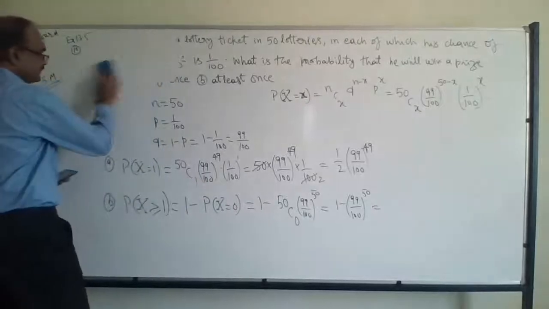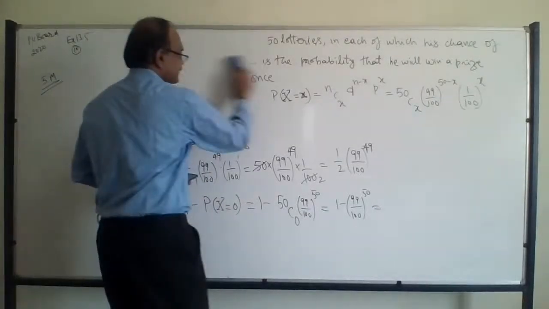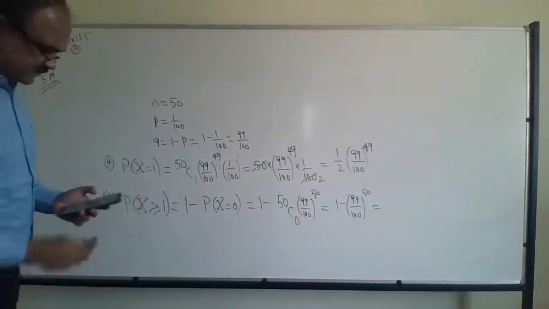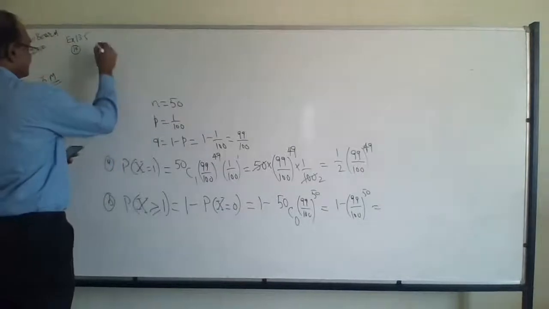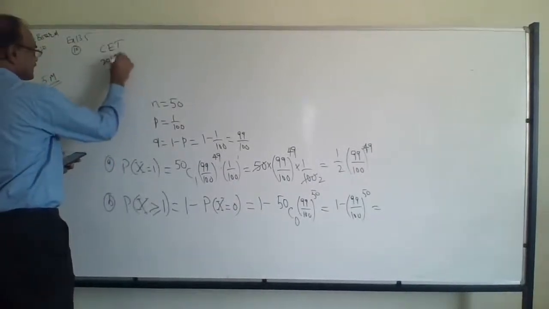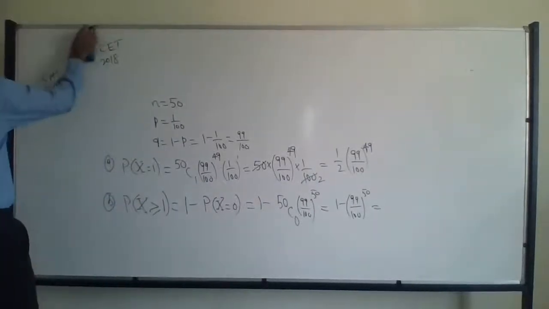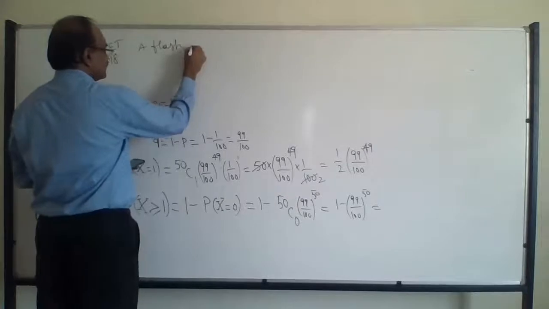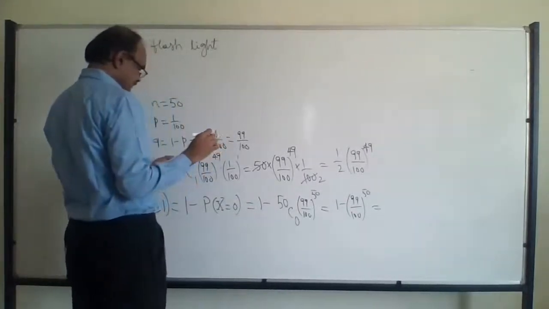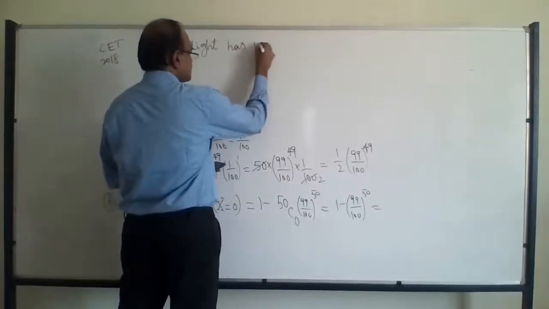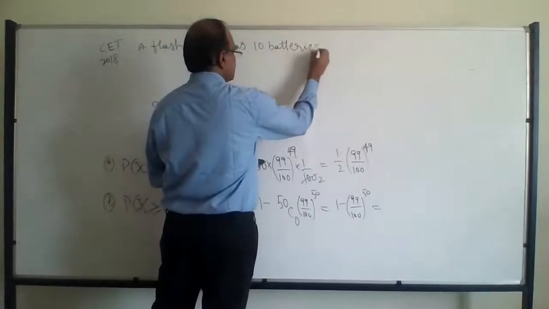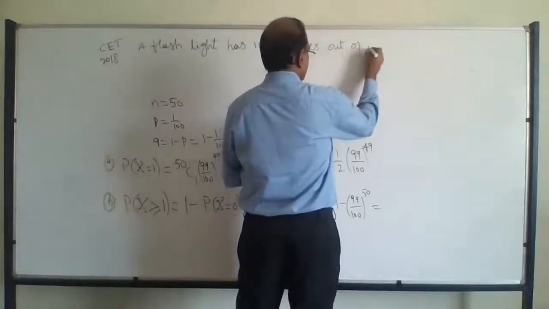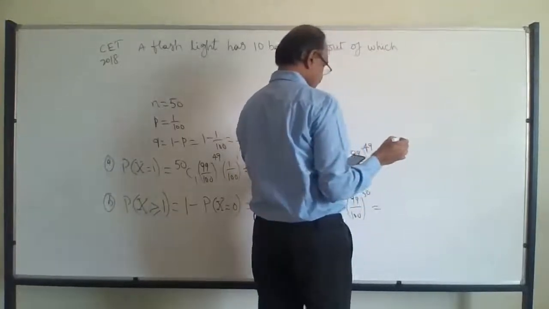All of you know what a flashlight is? A flashlight has 10 batteries, out of which 4 are dead.